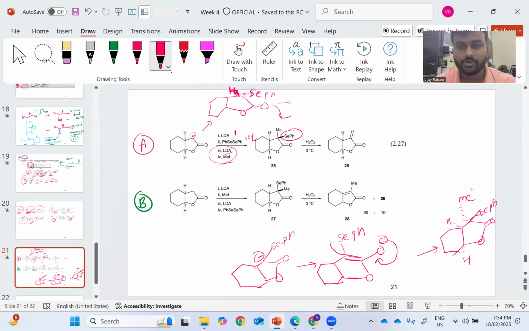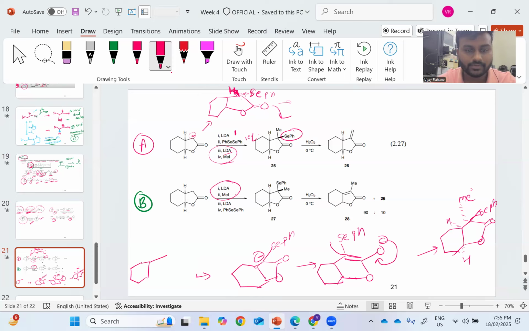But let's say we want a different product. If you want the SePh on the same plane with the hydrogen, then we need to change the addition sequence. So we first need to add the LDA plus methyl iodide. In the first step, that methyl group will be on the exo side, right?